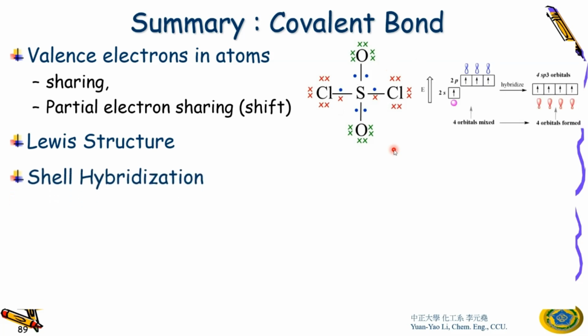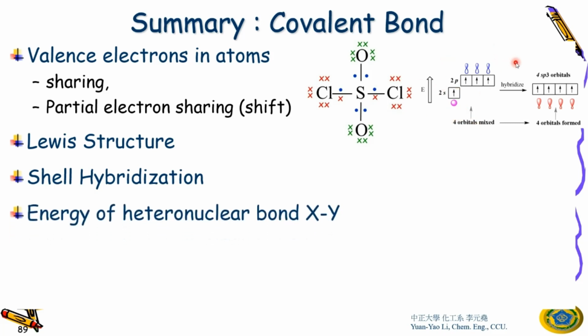And you need to learn what is called sp hybridization. We give methane as an example, right? And then topic 4 is the energy of heteronuclear bonds, or we think of the polar, a dipole and polar bonds.